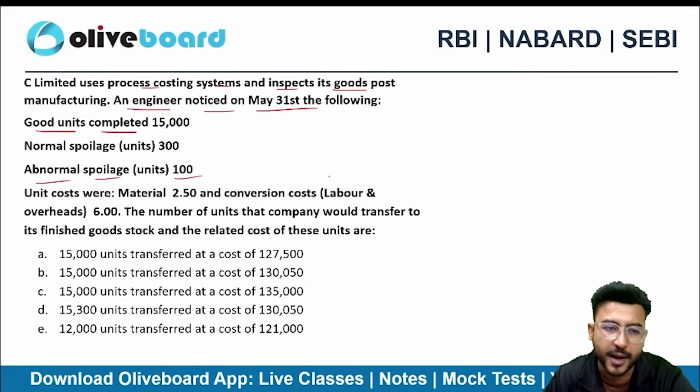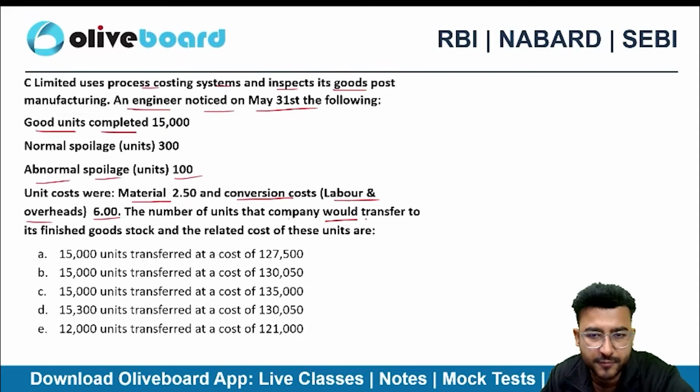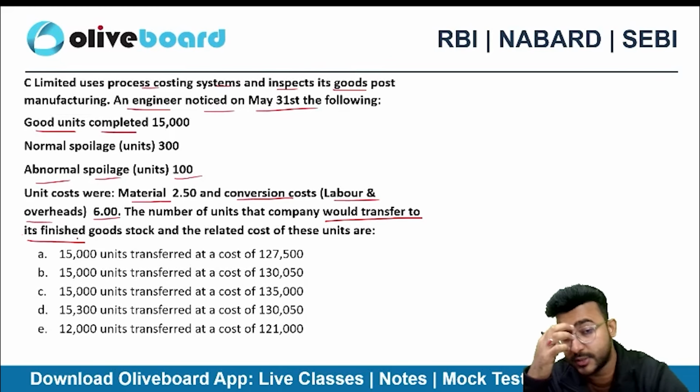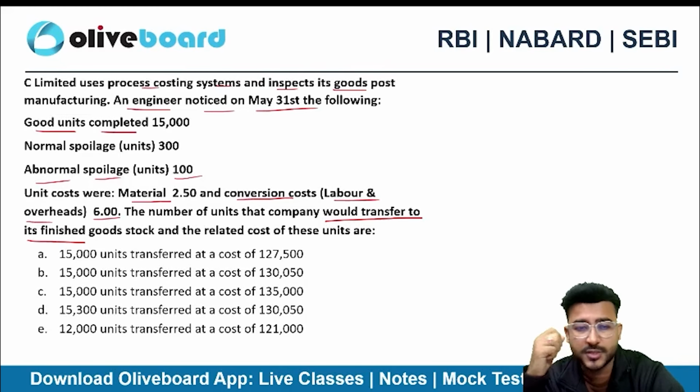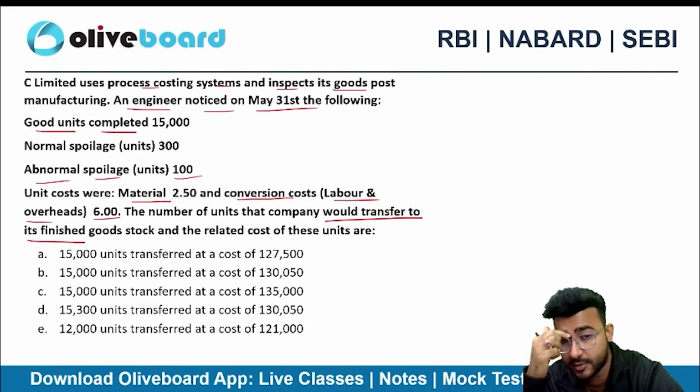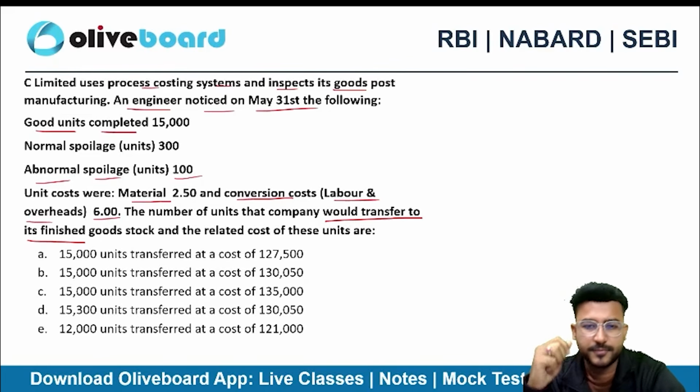Abnormal spoilage 100 units. The unit costs were material 2.5 and conversion cost, which is related to labor and overhead, 6 rupees. The number of units that the company would transfer to its finished goods stock, and the related cost of these units will be what?